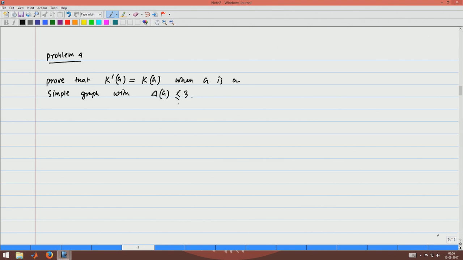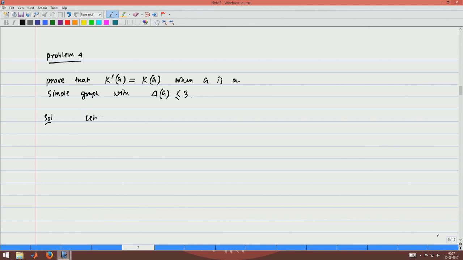So, we have proved a similar result for when G is a simple 3 regular graph, then k prime G is equal to k G, and then proving if this is true for 3 regular, then this is also true for a simple graph with maximum degree 3. The proof or the solution is the same solution. I just outline the solution.